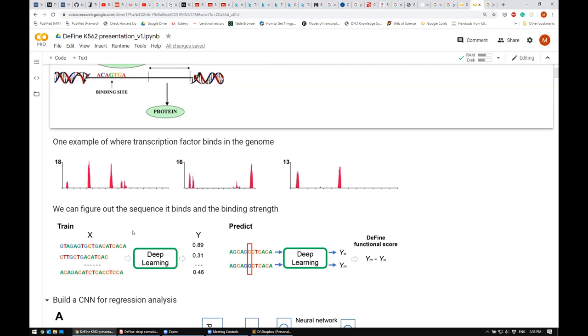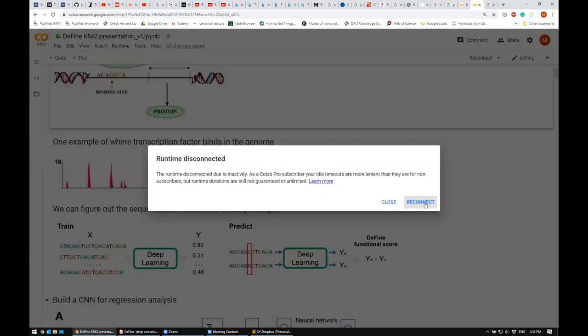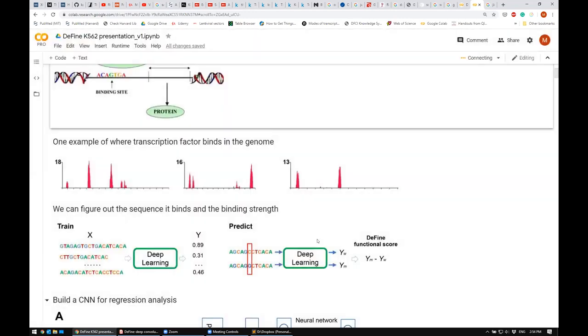If this model can do that successfully, then we can put in arbitrary sequences, for example, the upper one is a sequence found in most humans, and the lower one is a sequence found in more disease-susceptible individuals. We can quantify how different it is. If the binding is much stronger, then the individual is more prone to a particular disease.